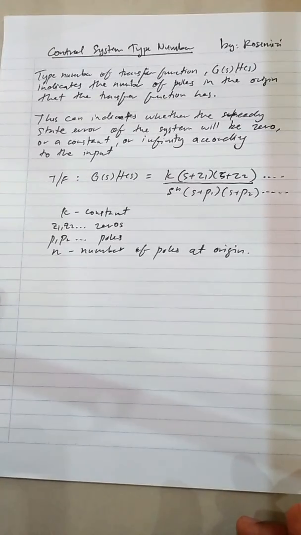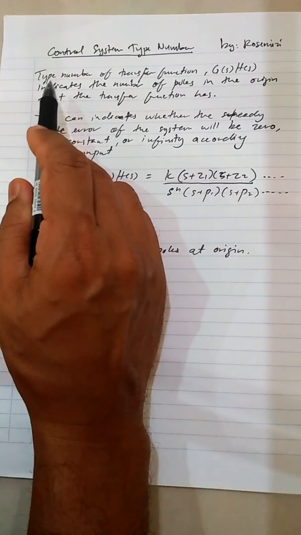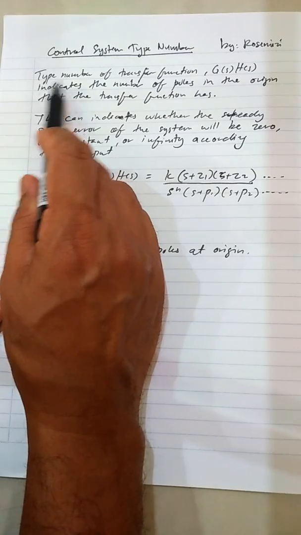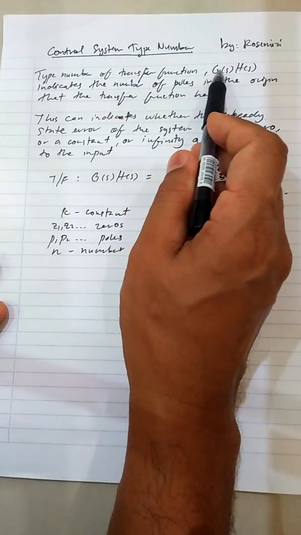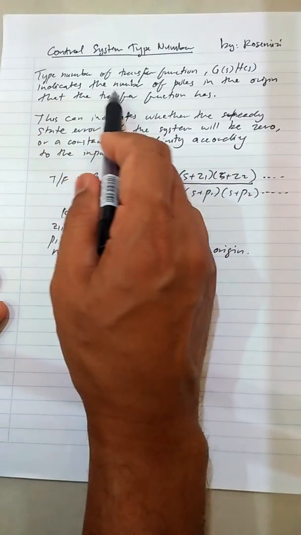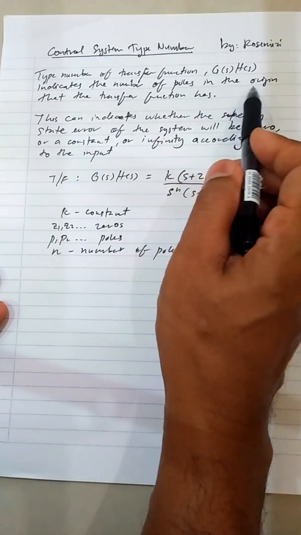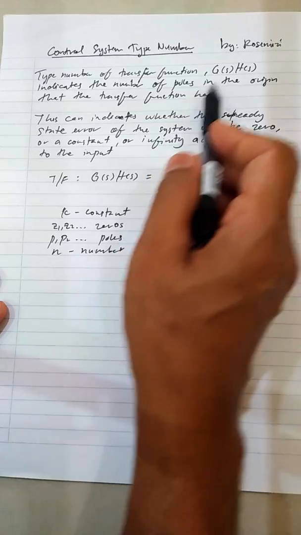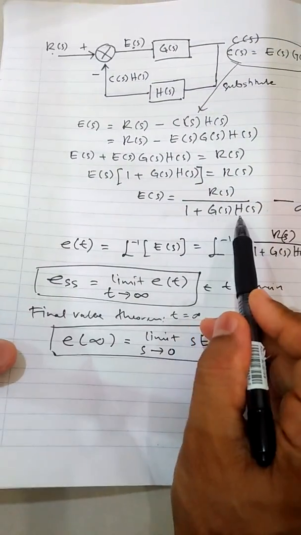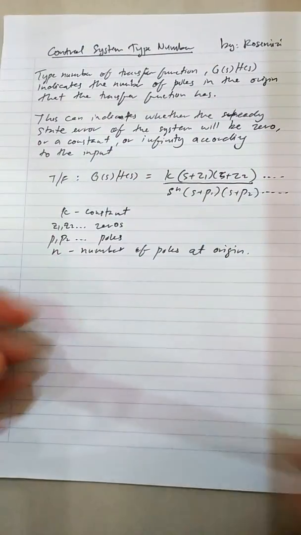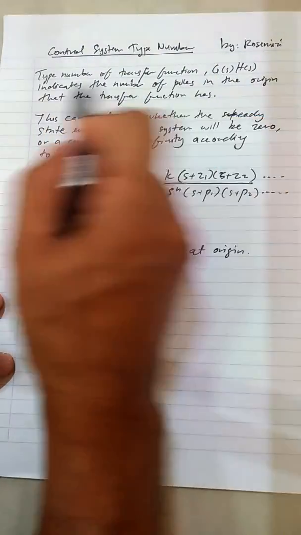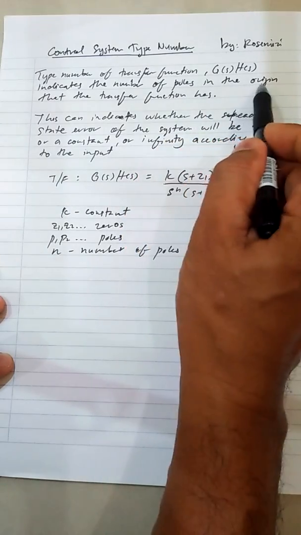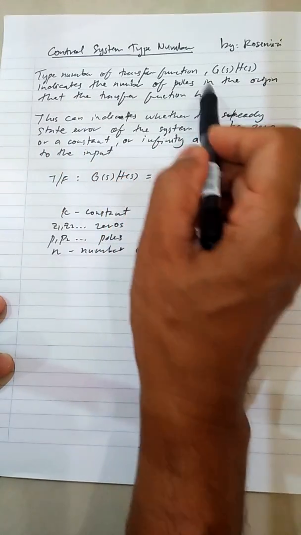Okay, in this video, I will show you what a type number control system is. The type number of a transfer function G(s)H(s) indicates the number of poles at the origin that the transfer function has.